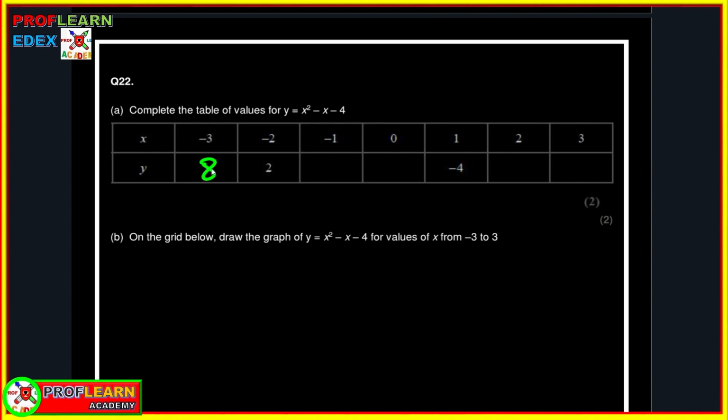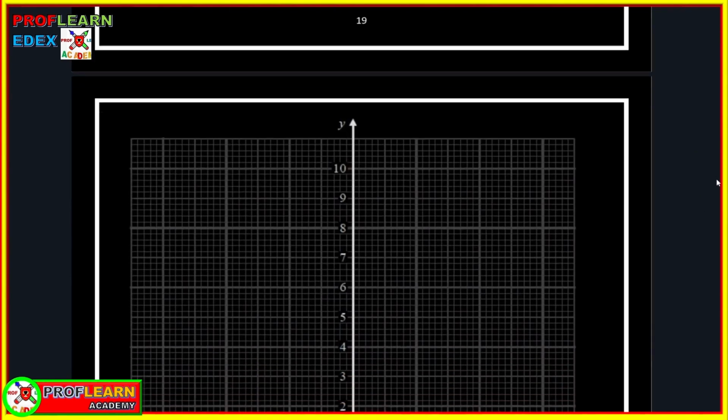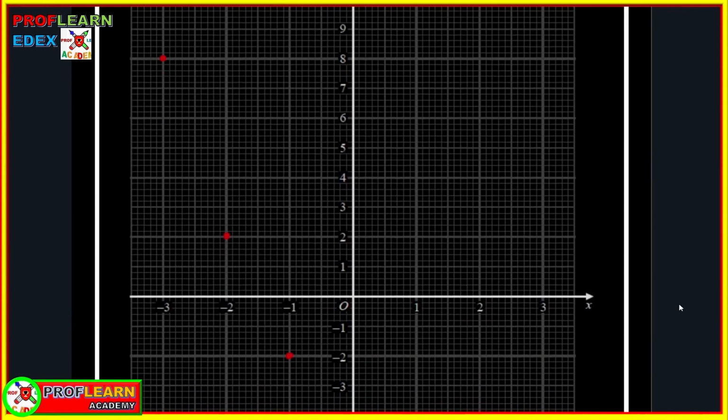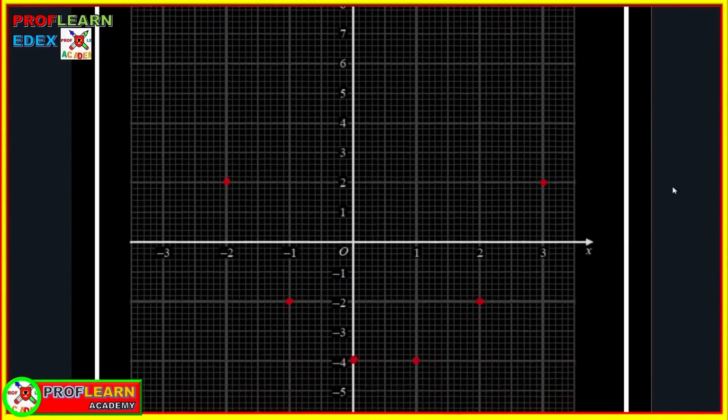And now we can go ahead and do it also for -1, which is going to give us -2. For 0 giving us -4. And for 2, if I work it out, I'm getting 2. We can now use that information to draw the graph by plotting the points correctly. The graph comes down here, then up here, and you see now it's bringing a shape.